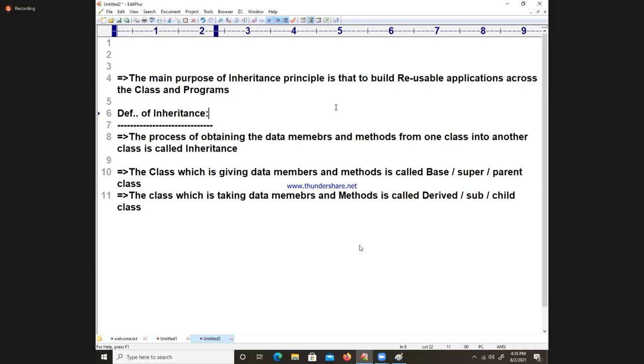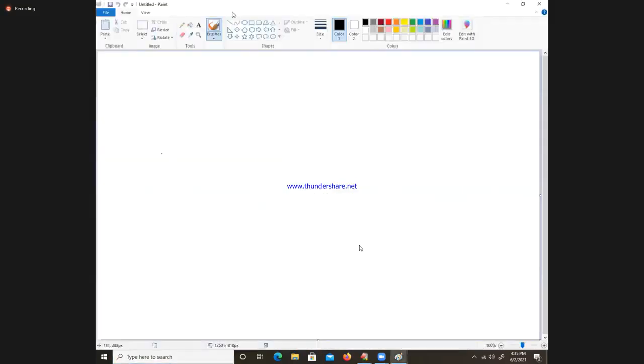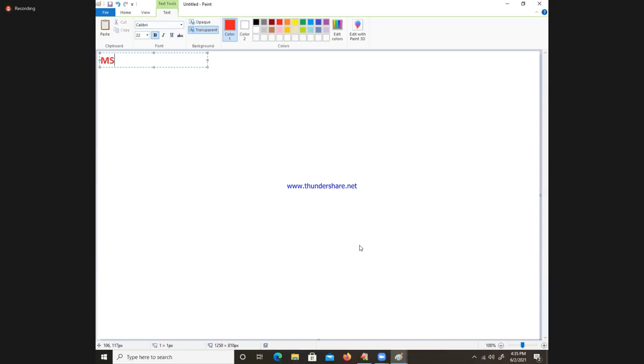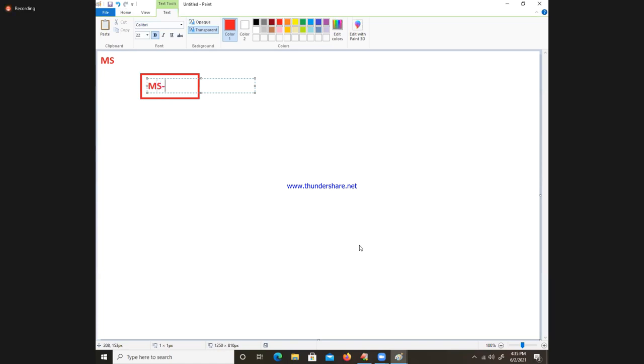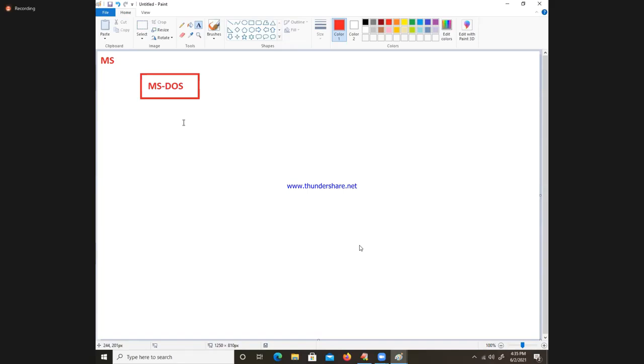Right. Let us take one small example. Dear students, Microsoft and every company use inheritance in their application development. When Microsoft started building the Windows OS, the first OS they officially announced was MS-DOS.